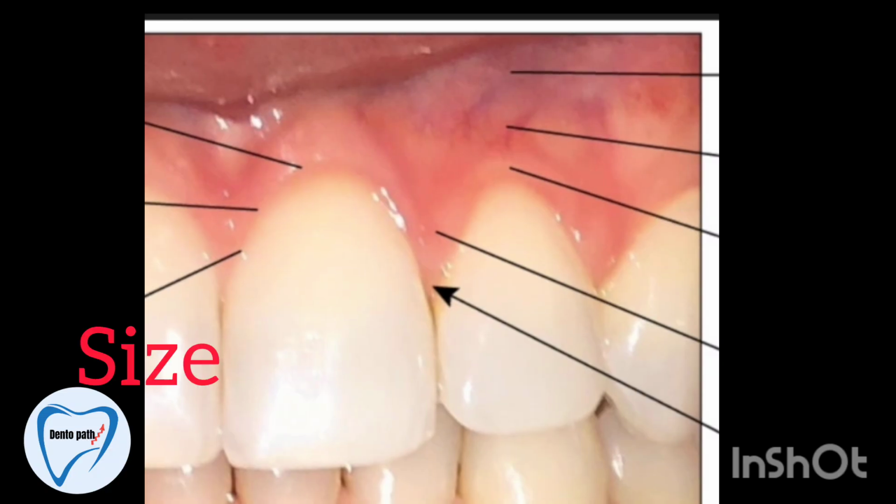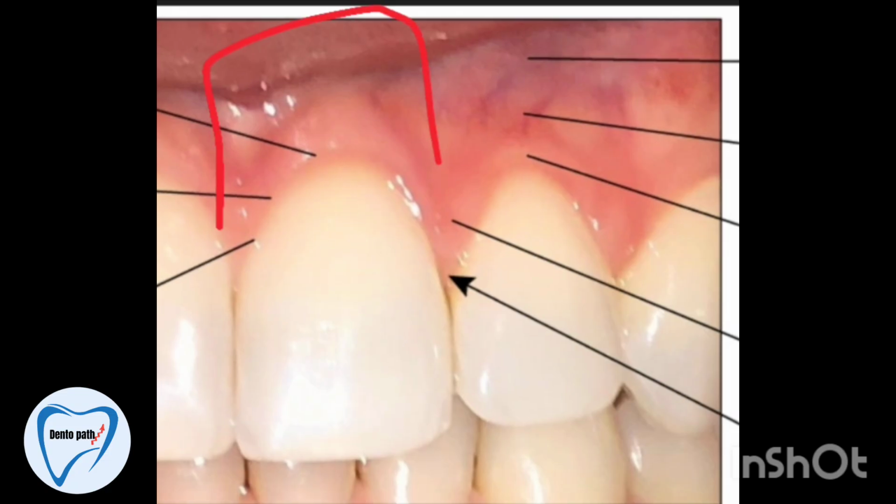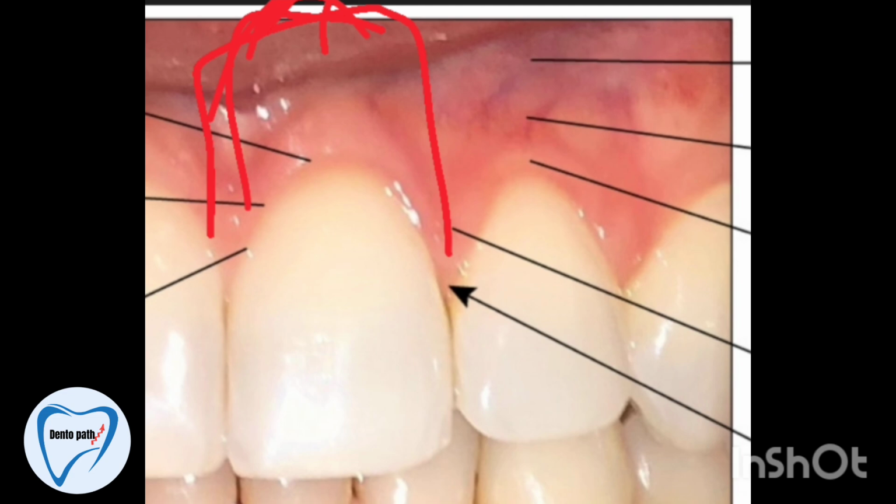Size of the gingiva: size of gingiva corresponds with the sum total of the bulk of cellular and intercellular elements and their vascular supply. We can measure it by the cellular, intercellular elements and vascular supply.